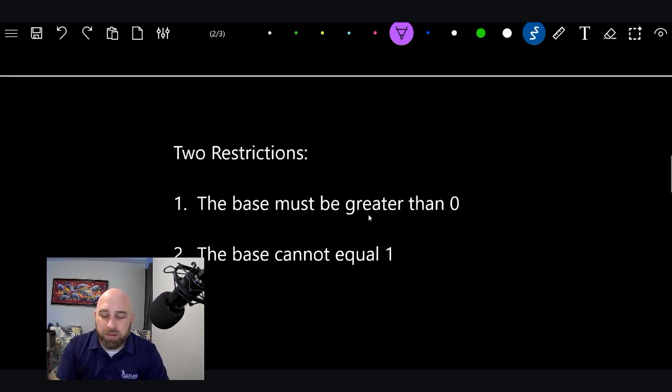Let me show you this one thing real quick because I just thought of it. What does it mean when it's a negative? Watch what this means. If I have a negative, let's say 2 to the x, and let's put in a fractional exponent. Remember what I said, the base must be greater than 0.